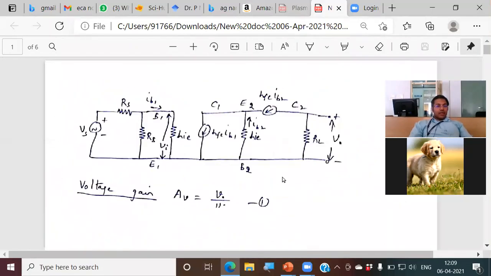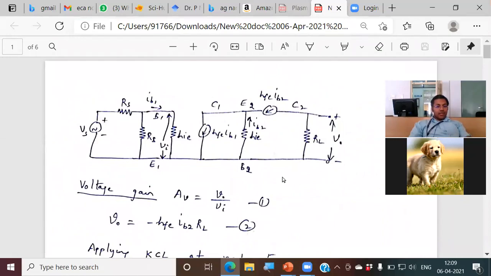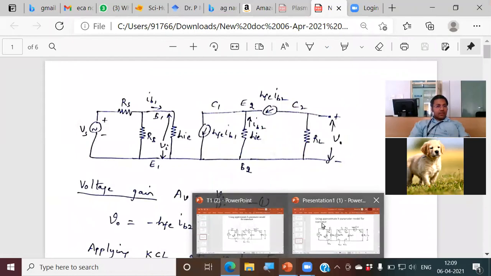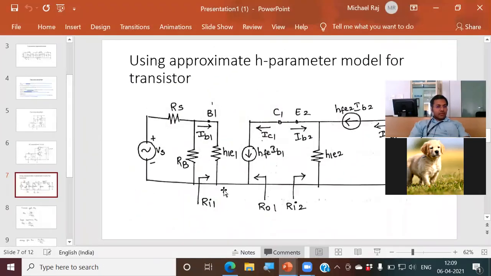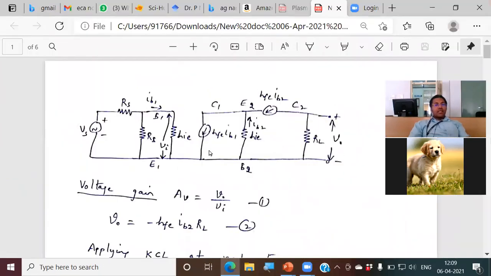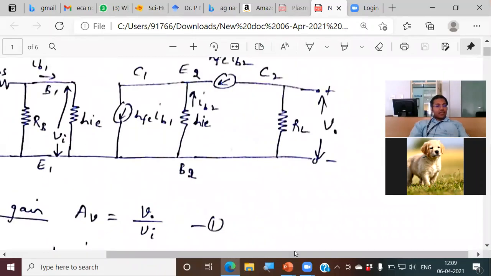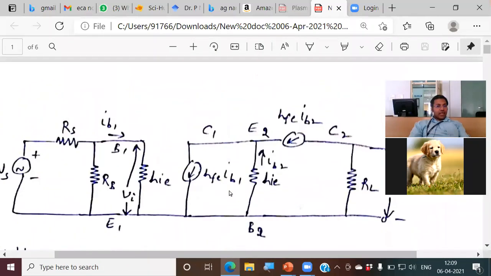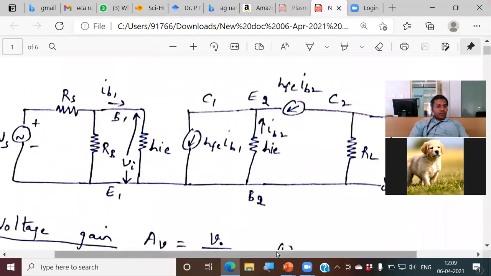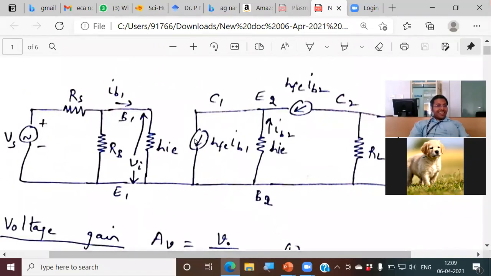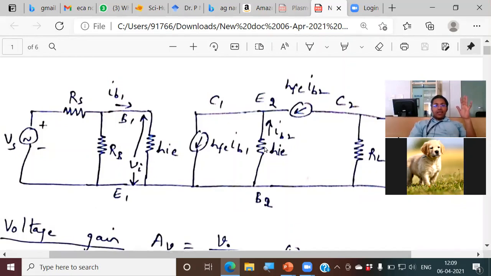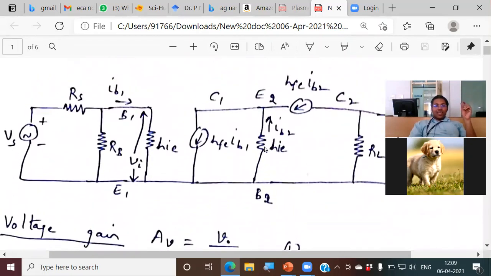Additionally, I have written simply HFE, I didn't take 1, 2, since I am considering both the transistors are identical. HIE.